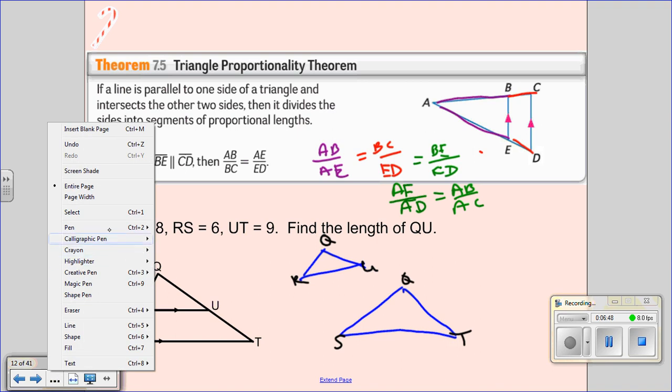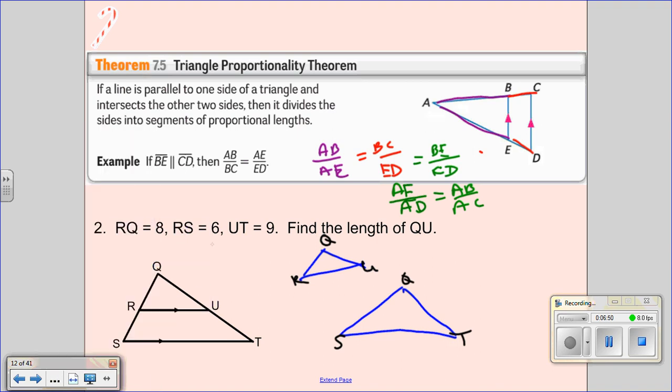Now I'm going to label the given information. It tells us that RQ is 8 and RS is 6 and UT is 9.